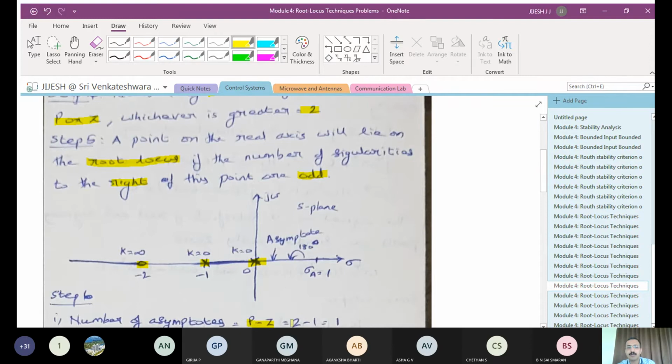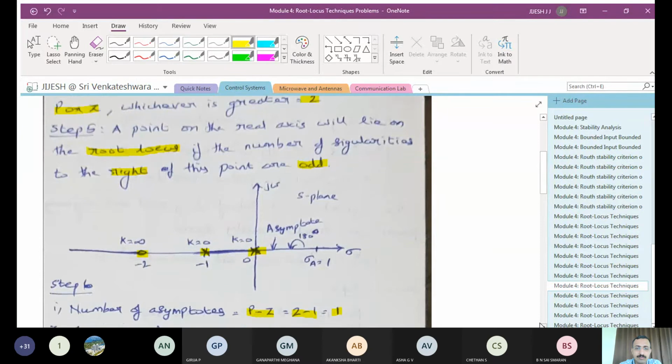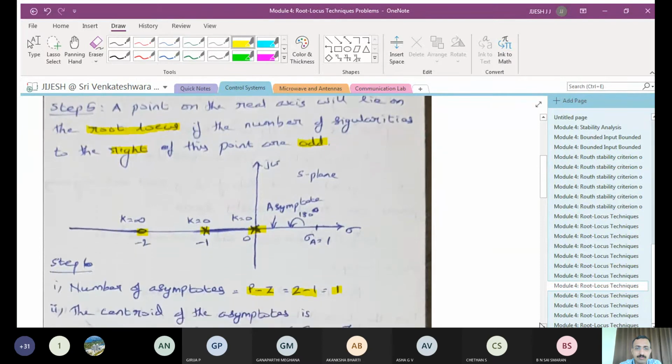You know that the number of poles is 2 and the number of zeros is 1. So the number of asymptotes in this figure will be 1. Where this asymptote will be placed, you need to find out the centroid.